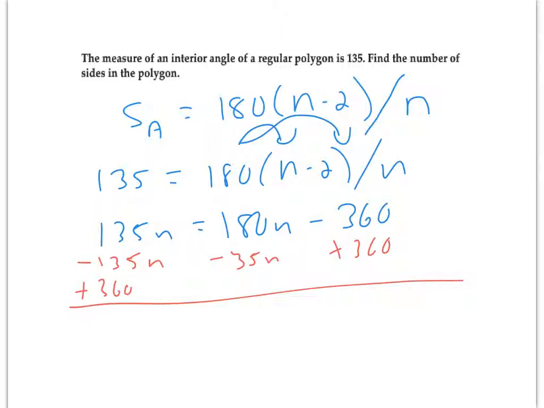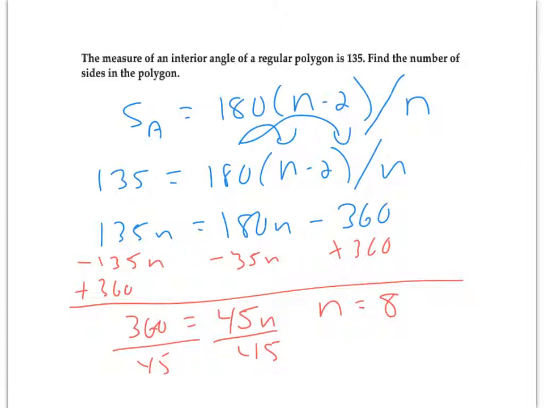On this side, the 135n minus 135n cancel. I get 360 is equal to 45n. Divide both sides by 45. n is equal to 360 divided by 45, which is 8. So the number of sides in my polygon is 8. This is an octagon.